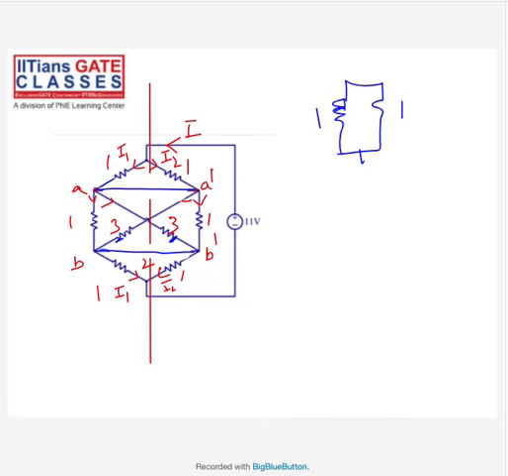Everyone, screens. If both the ends of one resistor are connected to both the ends of another resistor. So now tell me which of the resistances are in parallel here?